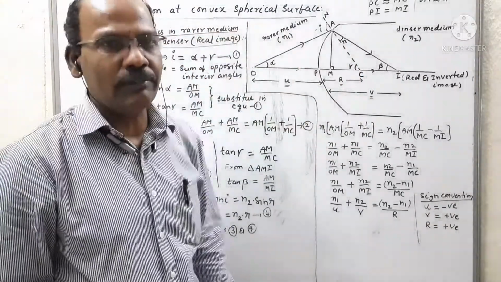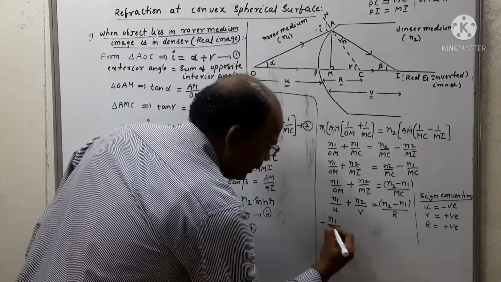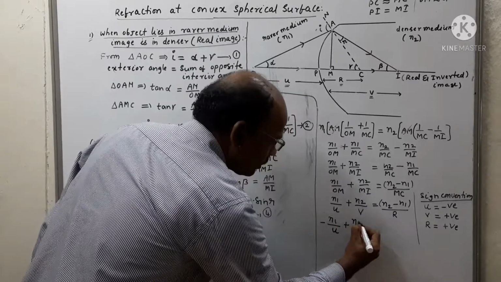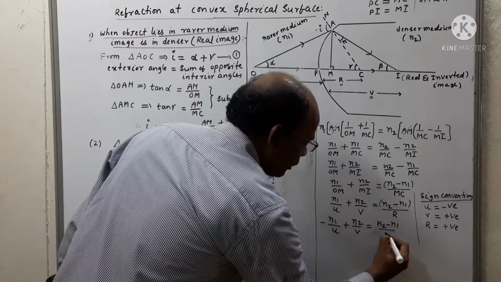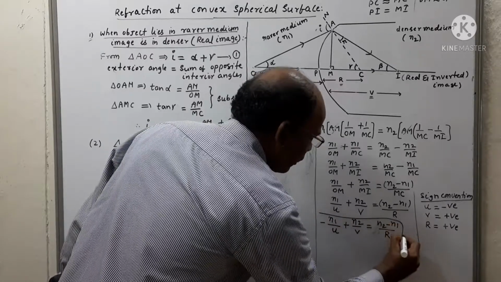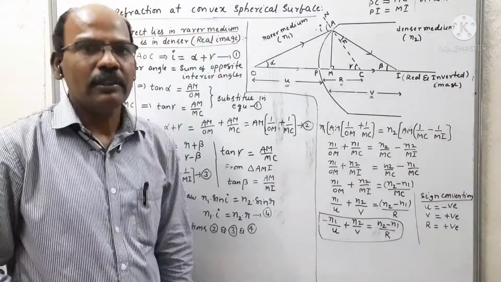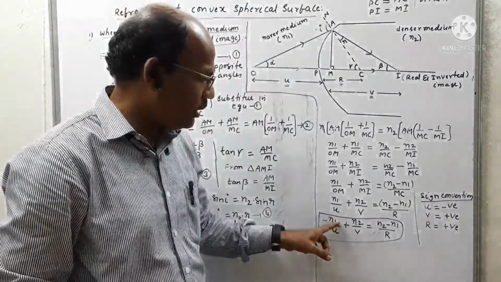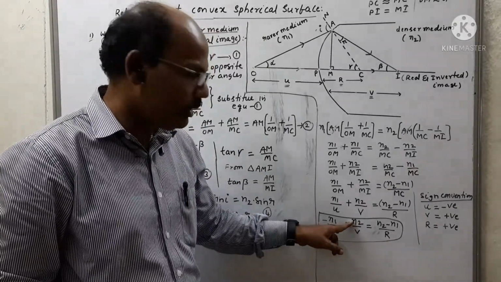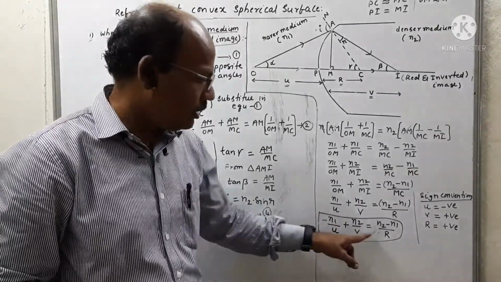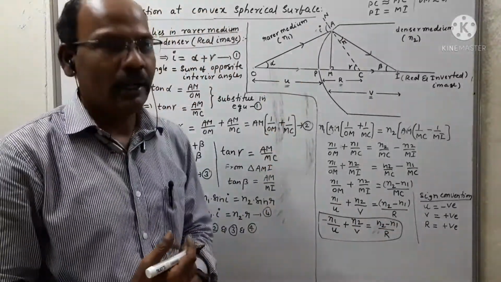After applying the sign convention, the final equation is minus N1 by U plus N2 by V is equal to N2 minus N1 by R. So this is the expression for the relation among the refractive index of air, object distance, refractive index of the denser medium, image distance, and N2 minus N1 by the radius of curvature of the given refracting surface.